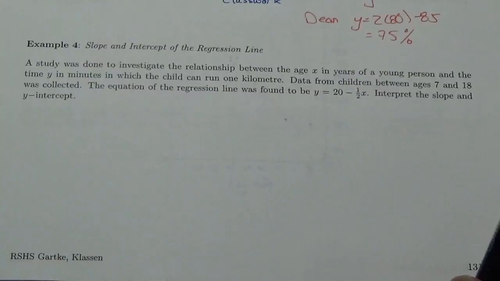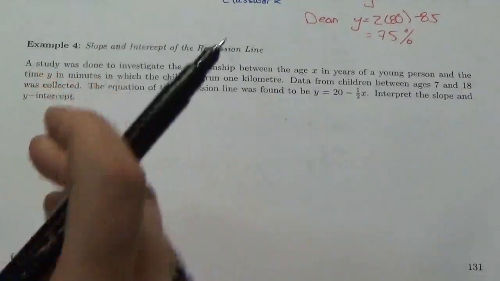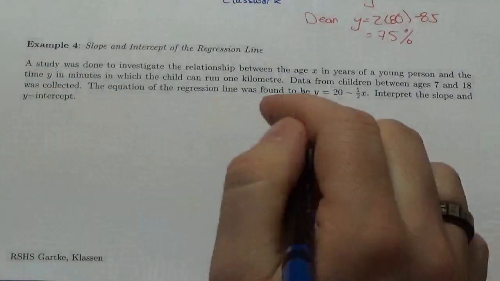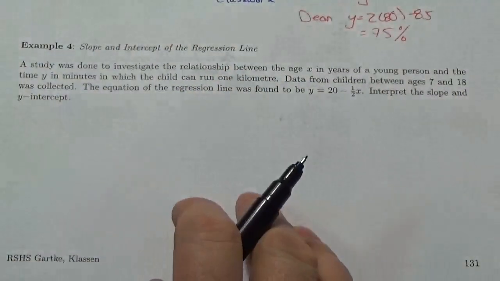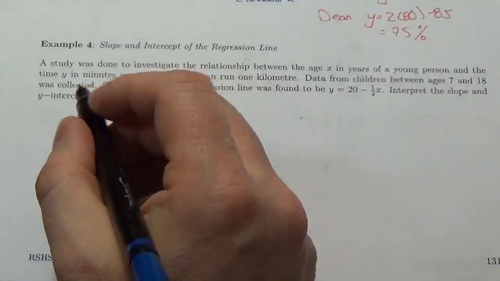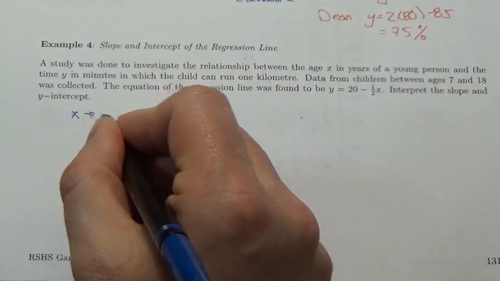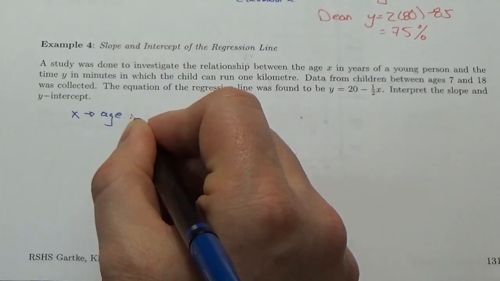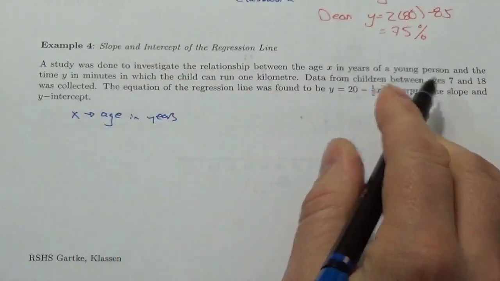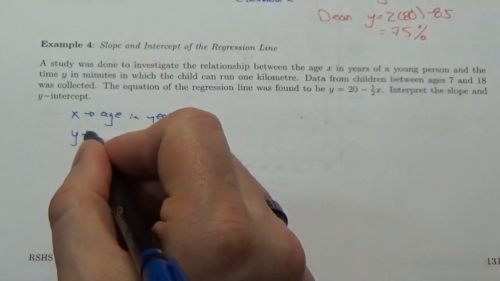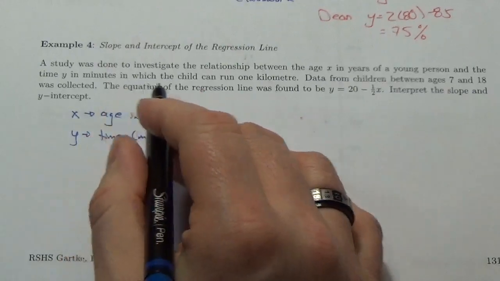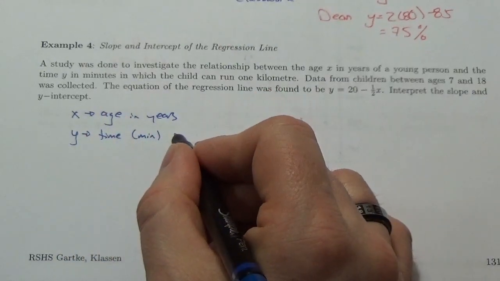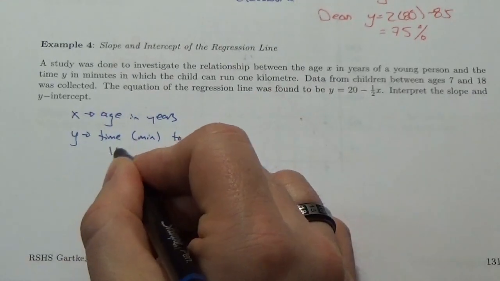Okay, so for this question, the question says, a study was done to investigate the relationship between the age, x, in years. So let's make sure we write that down so we have everything in mind here. We're going to let x be the age in years, and the time, y, in minutes, which a child could run 1 kilometer.